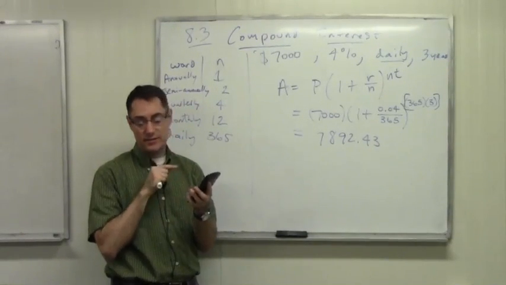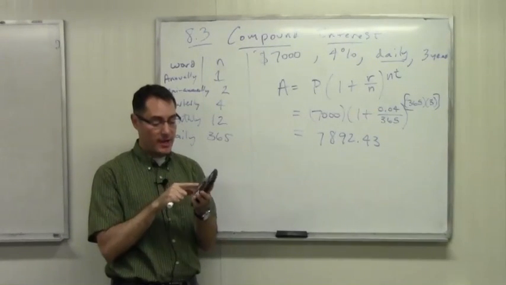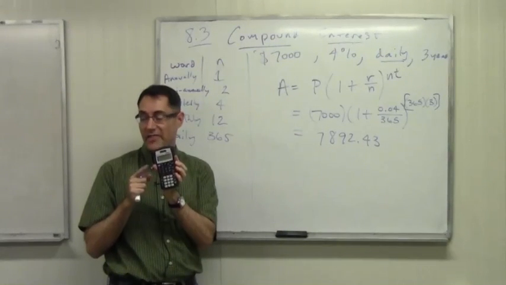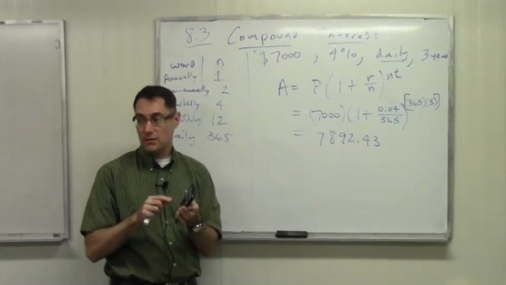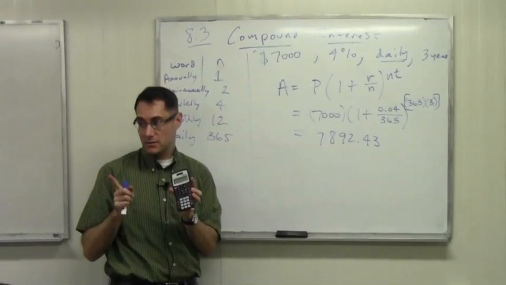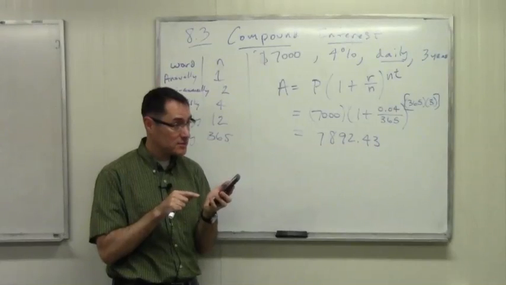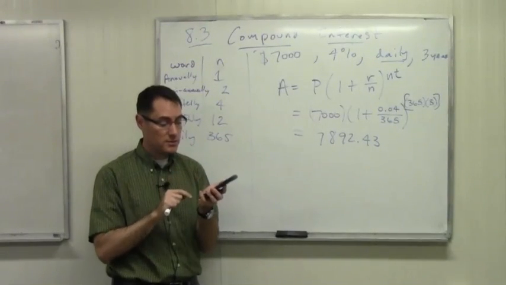Close parentheses. Okay, hit the little caret button. That's what I'm missing. And then do another open parentheses, because you got to do the other two numbers in parentheses. So open parentheses, 365 times 3, close parentheses, equals.